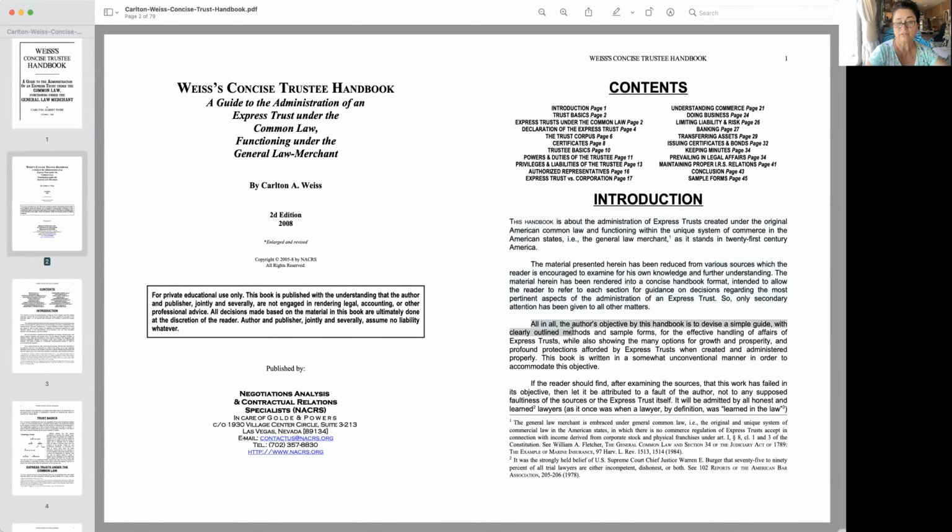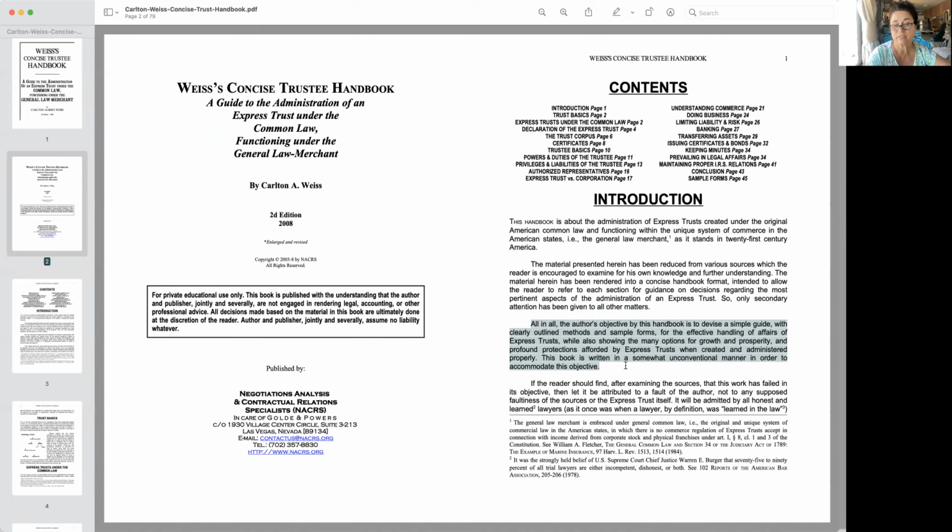All in all, the author's objective by this handbook is to devise a simple guide with clearly outlined methods and sample forms for the effective handling of the affairs of express trusts, while also showing the many options for growth and prosperity and profound protections afforded by express trusts when created and administered properly.